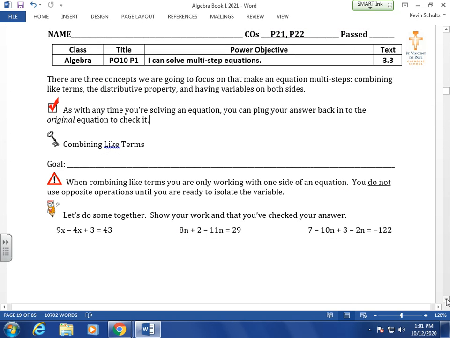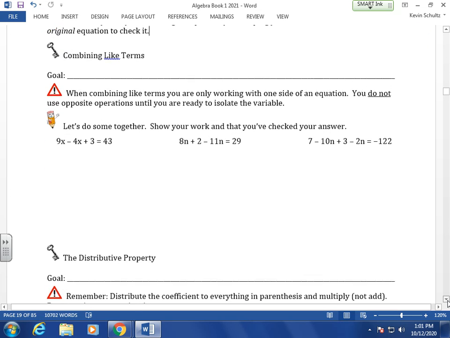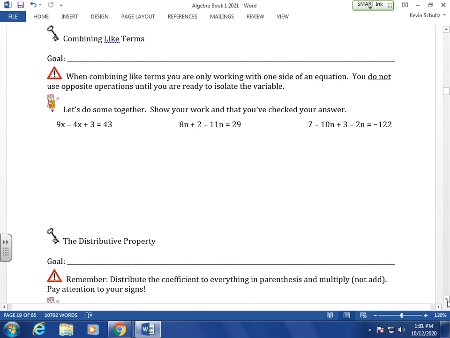But PO10 is where we're headed next, and this covers all the multi-step equation situations that you might come across. Okay, all those things where it's not written as a 2-step equation, there's something else that you need to do first. And one of the situations we're going to talk about today is combining like terms. Okay?